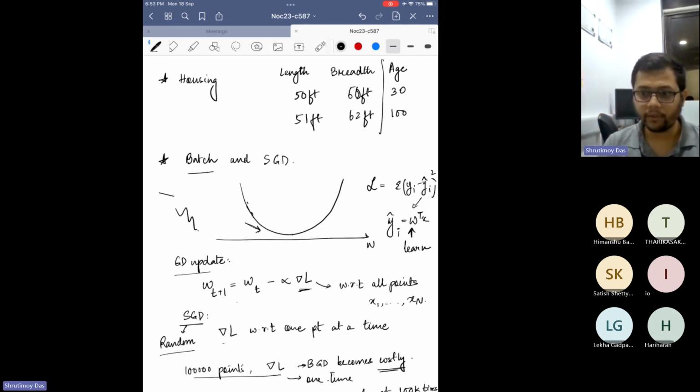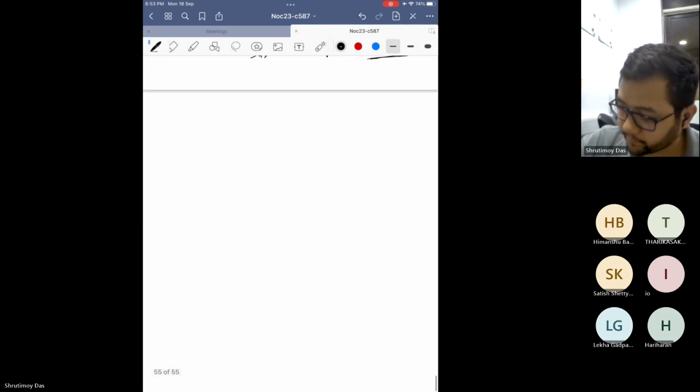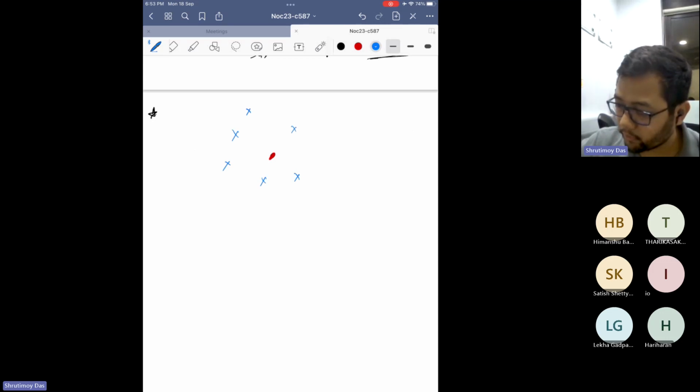It is always easy to find a nearest neighbor when you are only looking at one point. So suppose this is your point, and maybe these are some of the points.